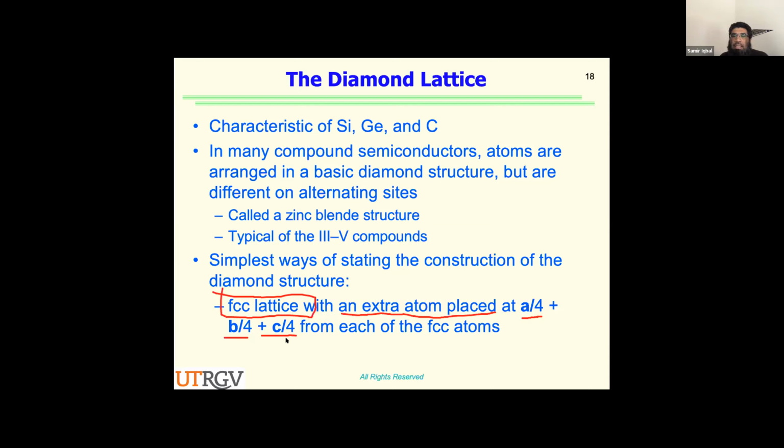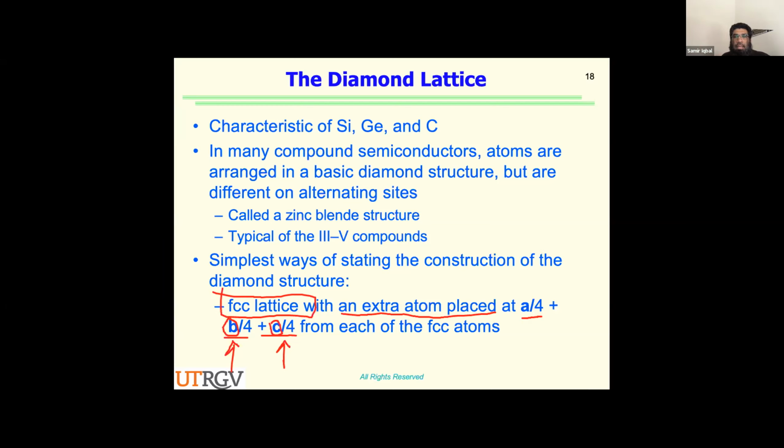So what we are doing is taking 1/4 of the lattice constant. What are the units for lattice constant? Angstrom, right? 1/10 of a nanometer. So the lattice constant is divided by 4. We are writing these vectors just to show that you are going in X, Y, and Z directions.